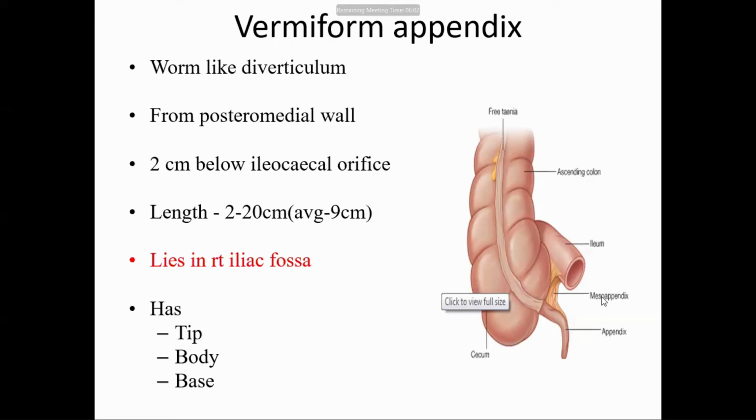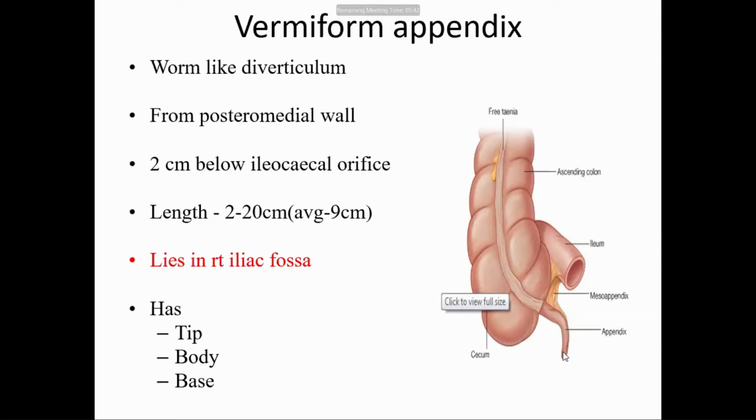Only the base and the body are suspended by a peritoneal fold, but the tip of the appendix is free. So it can be directed in different places or different positions.